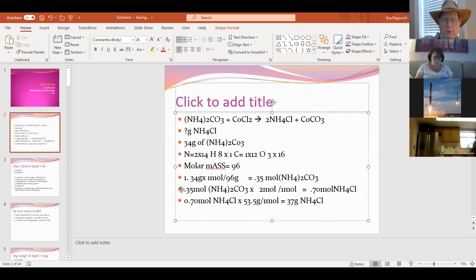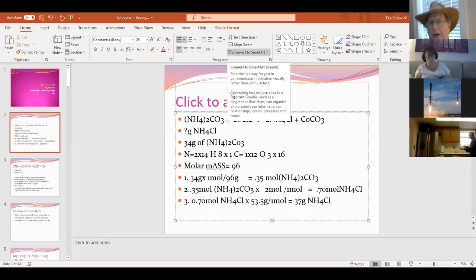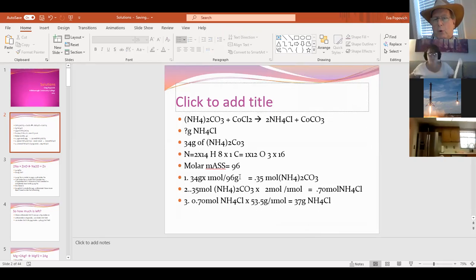Okay. It's a 3-step process, Chase. And obviously you need to learn how to go from moles to grams and from grams to moles. That's the first thing. When you're going from grams to moles, you multiply by 1 mole over the molecular weight. When you're going from moles to grams, you put the molecular weight over 1 mole.